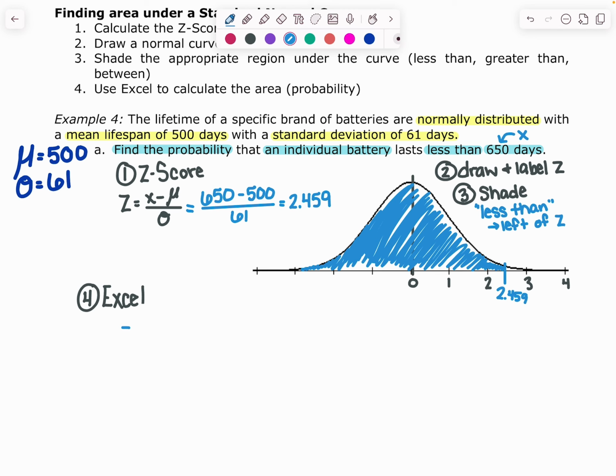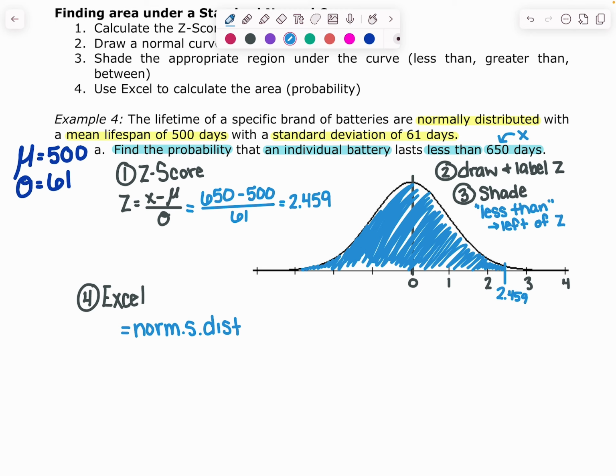I'm going to type equals to tell Excel, hey, I need you to go and calculate something for me. Thank you so much. And then I'm going to type norm.s.dist. So I'm telling Excel, hey, I'm using the normal distribution and I've got z-scores.